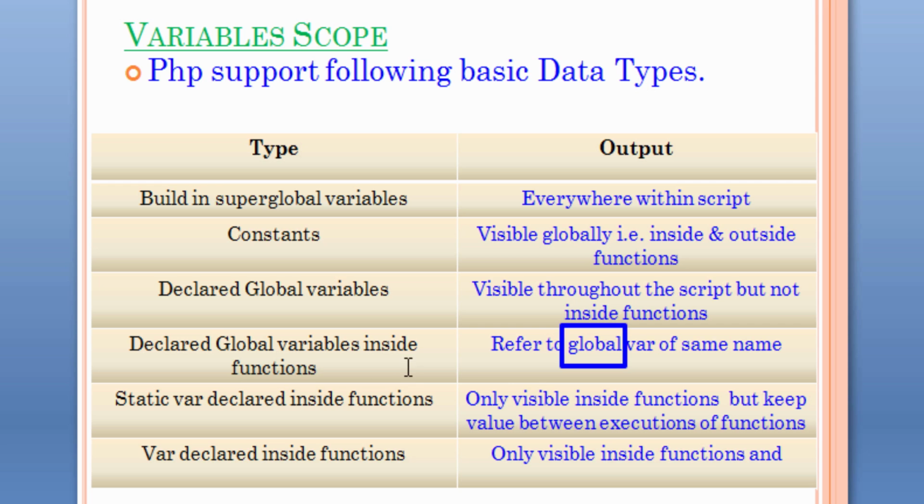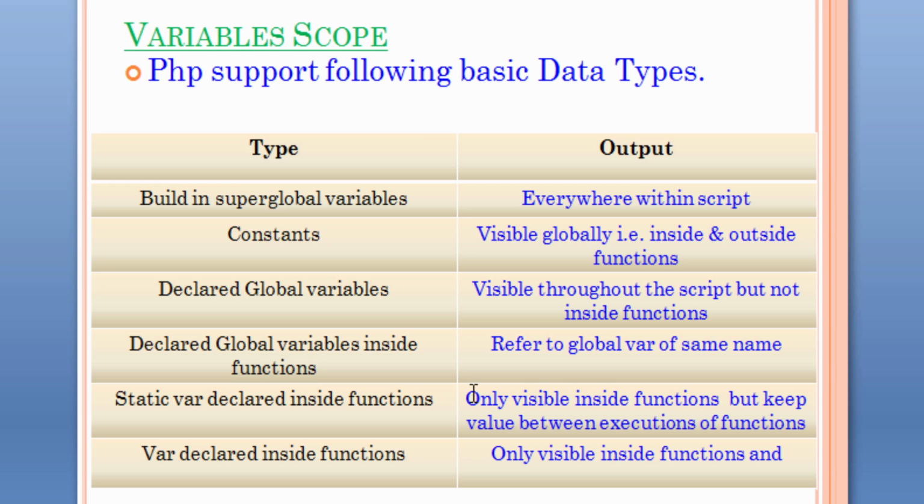If we want to access those global variables inside a function, then we can write the global keyword inside the function, with the same name as the outer global variable, and it will be a reference to the outer global variable. You can say that by writing the global keyword inside a function, we are accessing a global variable we have declared outside the function.